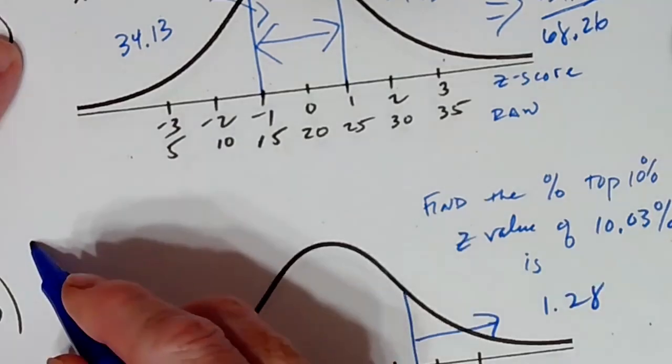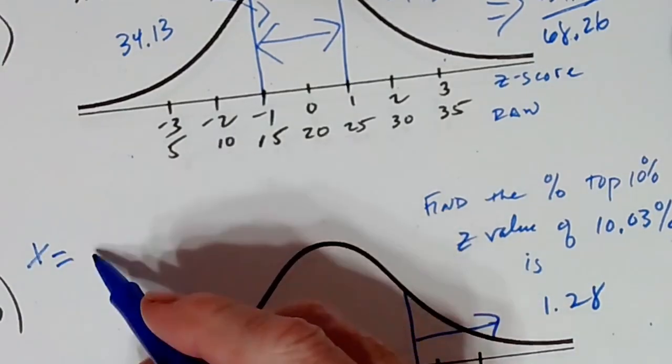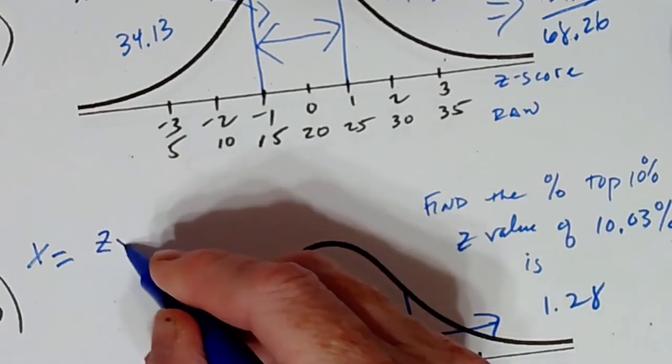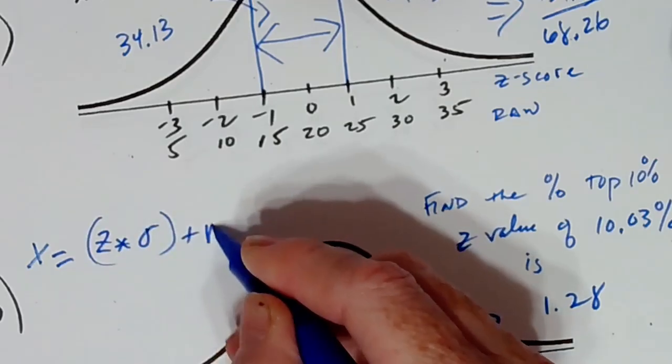To get the raw score, our formula is X equals Z times the standard deviation plus the mean.